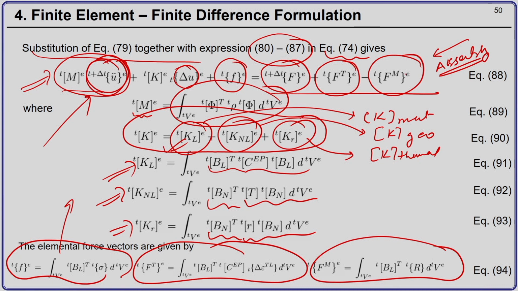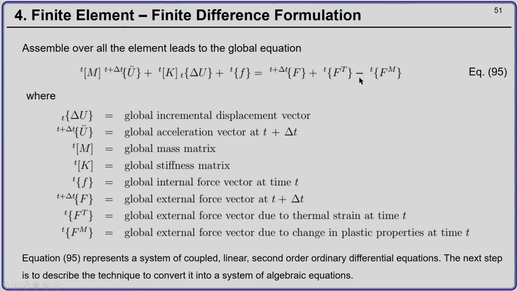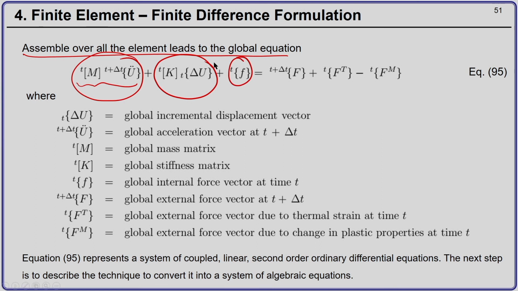So, now everything is at element E, and if you do the assembly over all the elements, this leads to the global system of nonlinear equations given by M u double dot, this is the inertia term, mass into acceleration, plus the tangent matrix times K delta u, plus the internal forces at time t, plus the external forces at time t plus delta t, plus the thermal global external force due to thermal strain at time t, and this is the global external force due to the change in the plastic properties at time t because of the thermal effect.